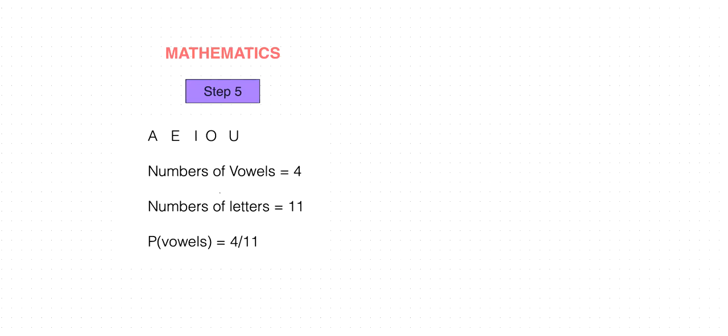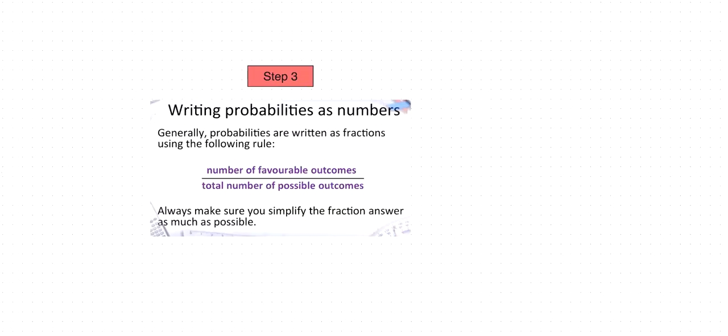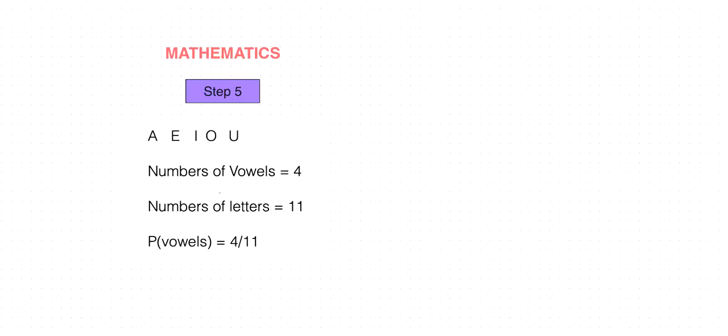Well, there are 11 letters in the word mathematics, and that is going to be my denominator, because that is the total number of possible outcomes. So there are 11 possible outcomes and 4 favorable. So the probability of picking a vowel out of the word mathematics is going to be 4 over 11. Ta-da!